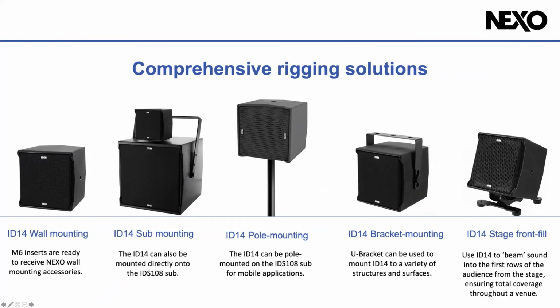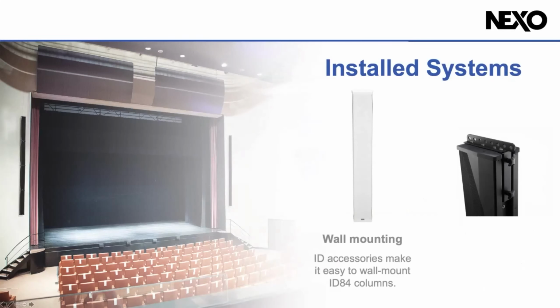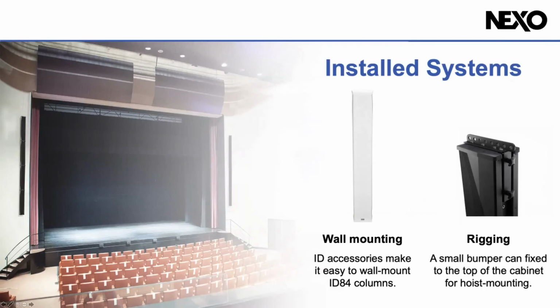Pole mount applications. Wes talked about the typical stage front fill bracket. There is a stage front fill bracket for ID14 and 24. But looking at, like ID84, so an install system, there actually is a wall mount bracket. There's also a rigging bumper if it needs to be suspended from the ceiling.